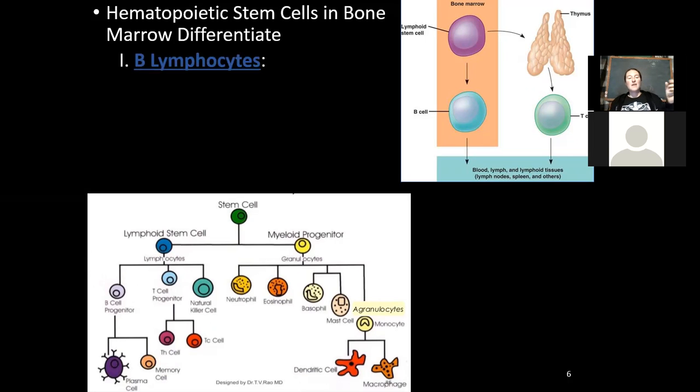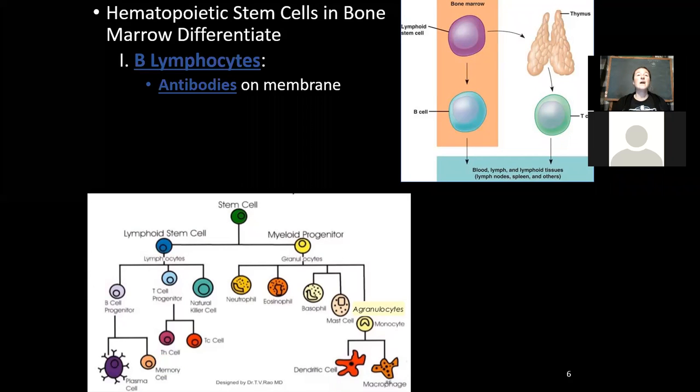Okay. The B lymphocytes, again, this is something we're going to dive into more in our next lesson together, but for now, let me just tell you that the B lymphocytes, or the B cells, are classified as B cells because they express antibodies on their membranes. Right? So antibodies are proteins. They are genetically determined, of course, and so these are really specific to recognizing different types of antigens or different types of epitopes.